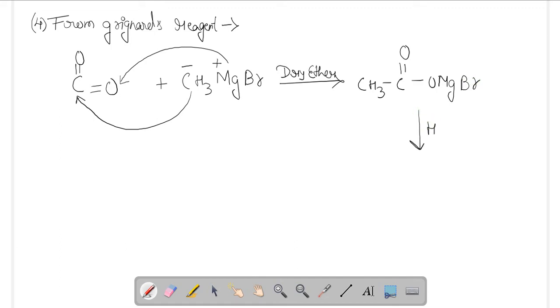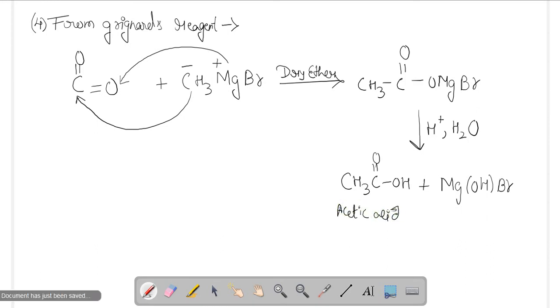Further on hydrolysis, sorry, not acidification, that is hydrolysis, here we will obtain CH3 COH plus Mg OH Br. Okay, so the acetic acid is obtained here, and magnesium hydroxy bromide is produced here.